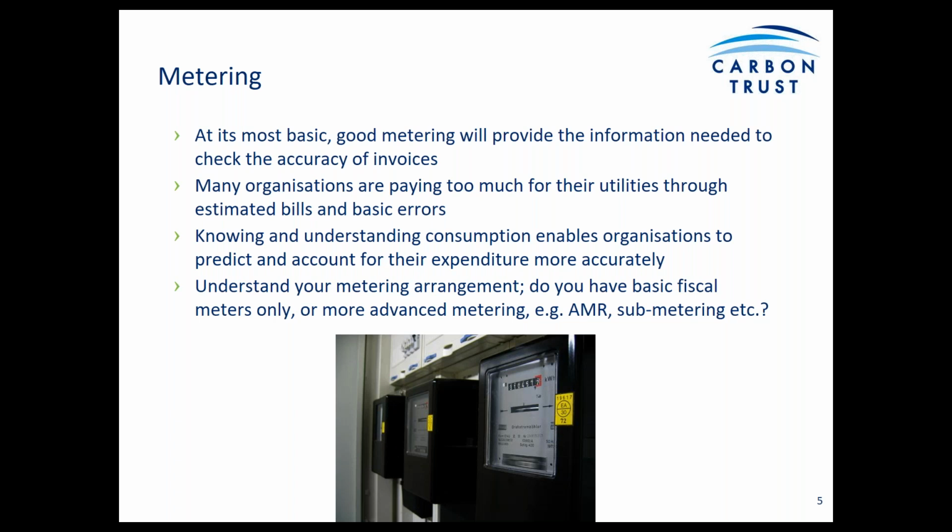So knowing and understanding the consumption enables businesses to predict and account for their expenditure more accurately. And as a first step to understanding what you're paying for, you will need to understand what the metering arrangement is at site. So for example, do you just have basic fiscal and mains meters, or do you have potentially more advanced metering in place, like half-hourly automatic meter readings, or even sub-metering at site? Those are things that we'll move on to have a look at now.